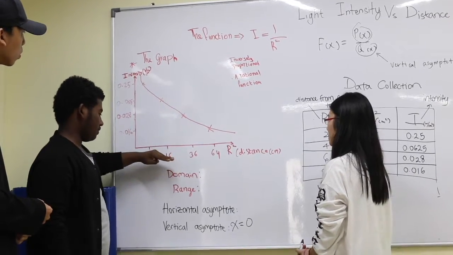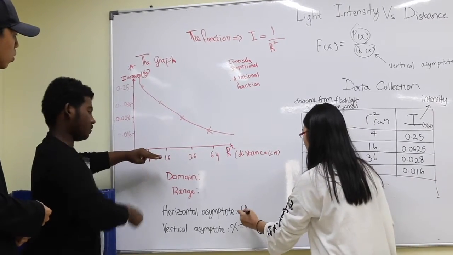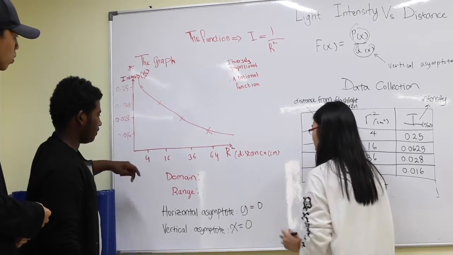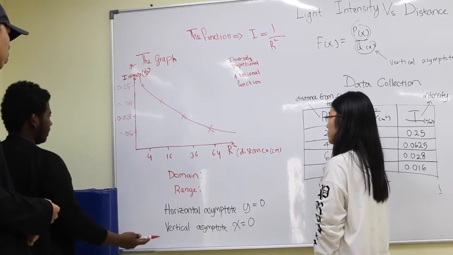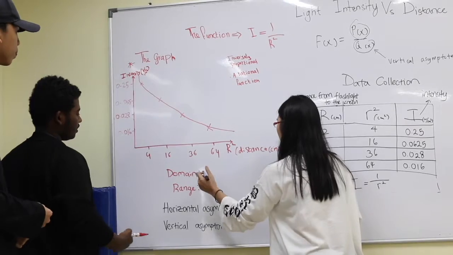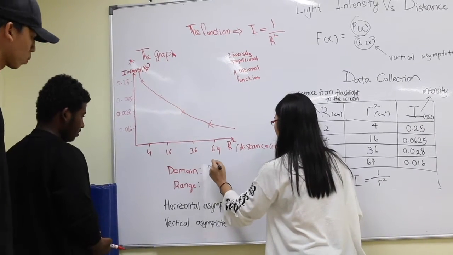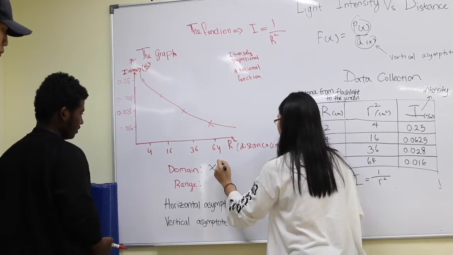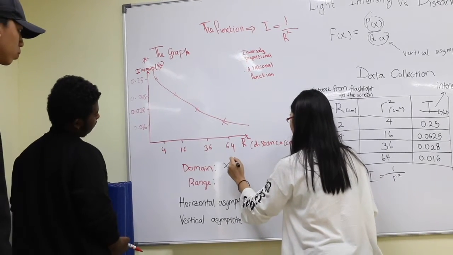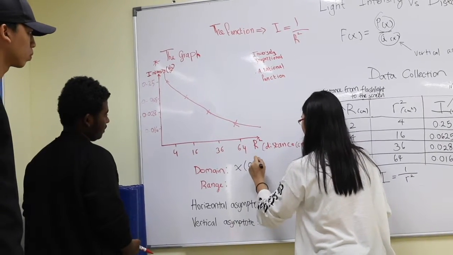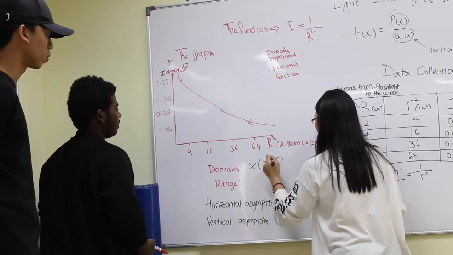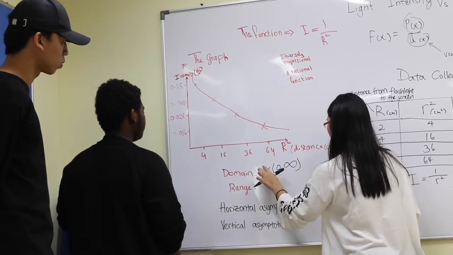The horizontal asymptote is the x-axis, which is y equals 0. The domain will be the x values from 0 to infinity. Our range will be the same.